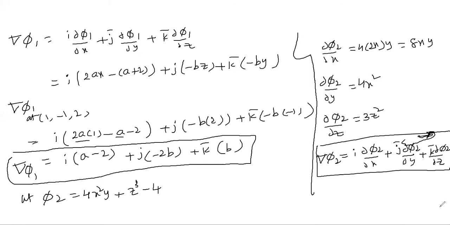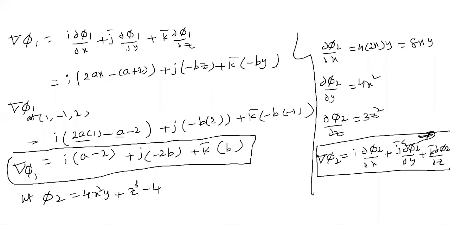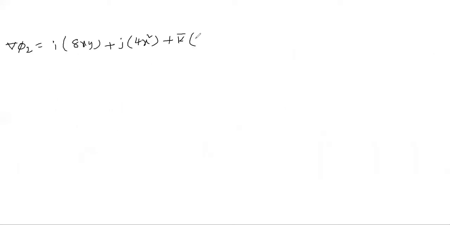Dou pi 2 by dou y is 4x square. Next, k into dou pi 2 by dou z. What is dou pi 2 by dou z? 3z square. Here, everyone observe, 3z square.